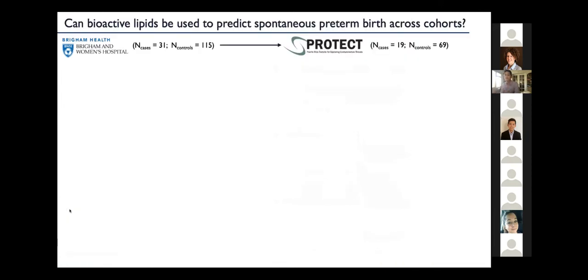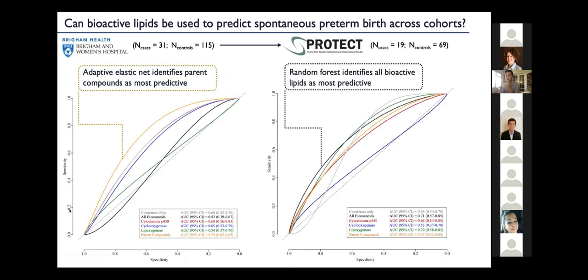So this additional data across these two cohorts led us to explore this follow-up research question of whether these bioactive lipids can be used to predict spontaneous preterm birth across the birth cohorts, especially noting that these two cohorts are very different in terms of demographics and this heterogeneity in these factors can potentially be something to consider when doing these prediction algorithms.